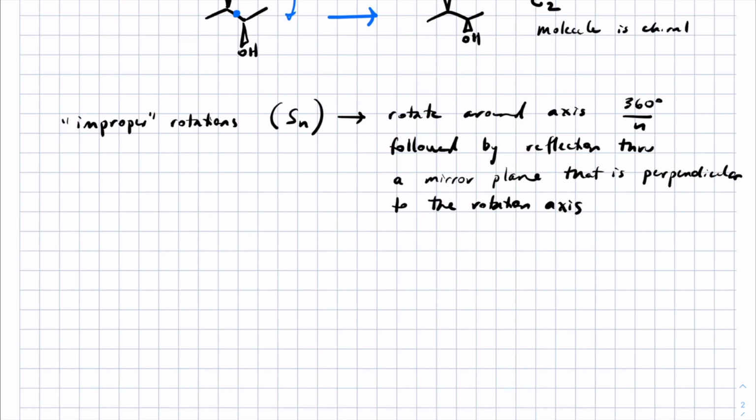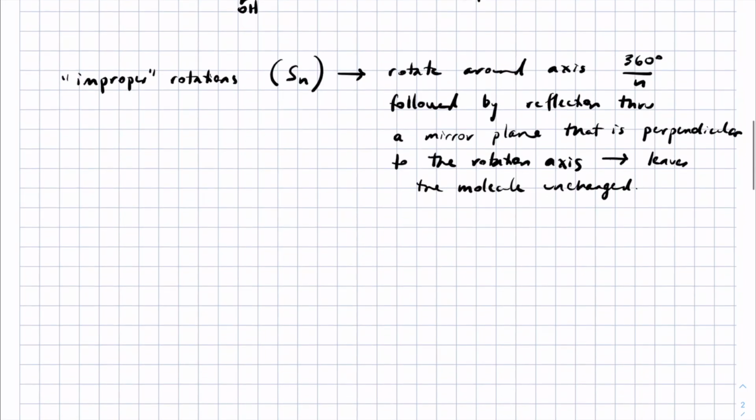And if a molecule has an improper rotation, that means if you do this process, it leaves the molecule unchanged. All right, so allow me to give you an example of that.